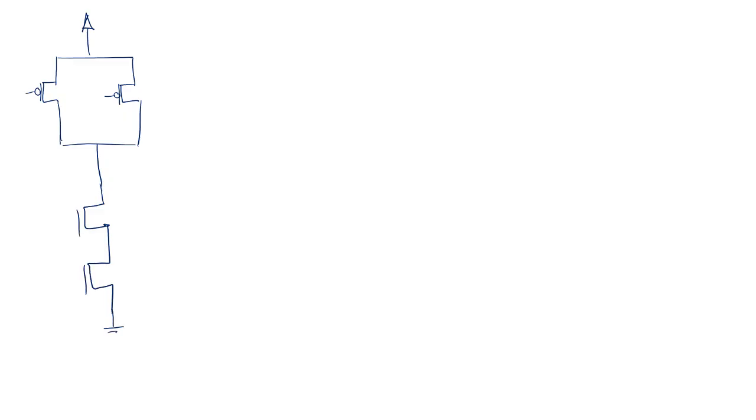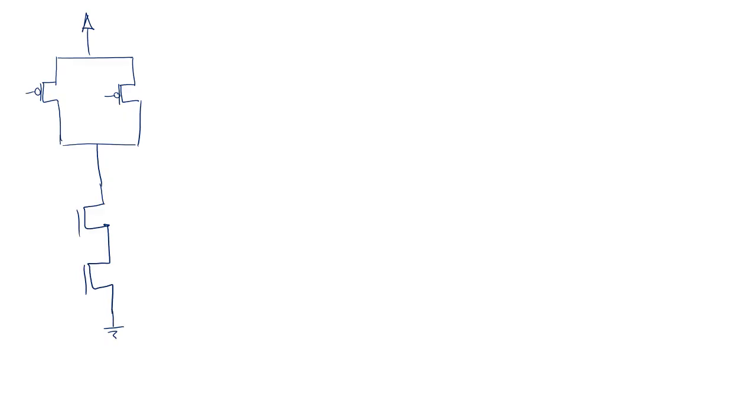Let's say that this is my VDD. This time I'm going to have two inputs. So let's say I have a PMOS here, another PMOS in parallel with that. And the two PMOSes are coming here, they're connected to each other. And then I have two NMOSes that are in series with each other, going to ground.